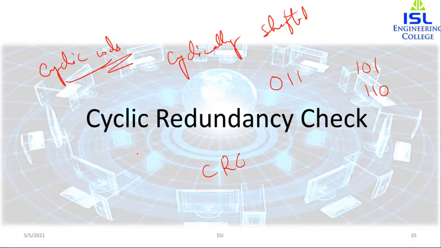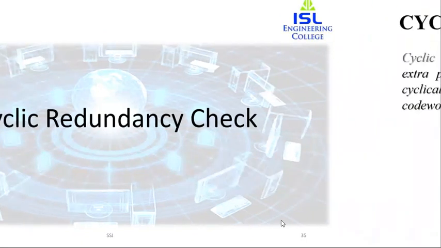So to the message, we add the redundant bits, which will enable the receiver to detect whether there is an error or not. Similarly, in CRC also we are going to generate some bits, and those bits are known as redundant bits, specifically known as CRC bits, which can enable the receiver to detect error. So basically, it is used for error detection. Now next we will be seeing.